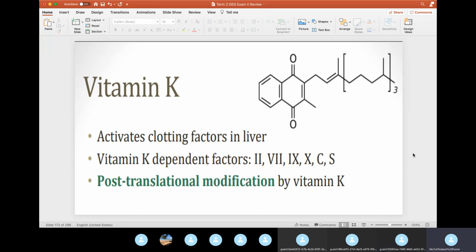So what is that? It carboxylates your gamma residues. Gamma carboxylation of clotting factor residues, I think, if I remember correctly. So don't forget your clotting factors 2, 7, 9, 10, C, and S. So post-translational modification. All right.